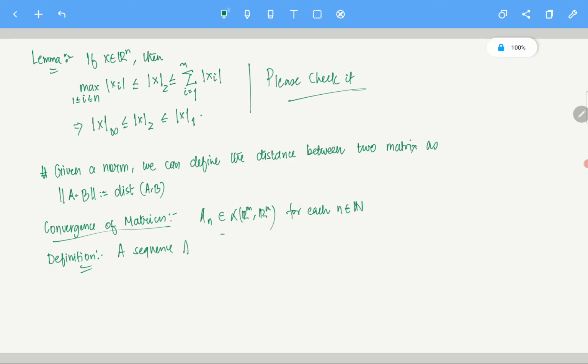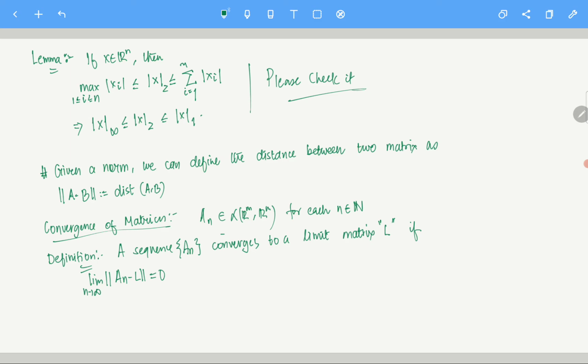A sequence A_n of matrices converges to a limit matrix, let's say L, if the distance between A_n and L can be made small, basically equals 0 as the limit n tends to infinity.